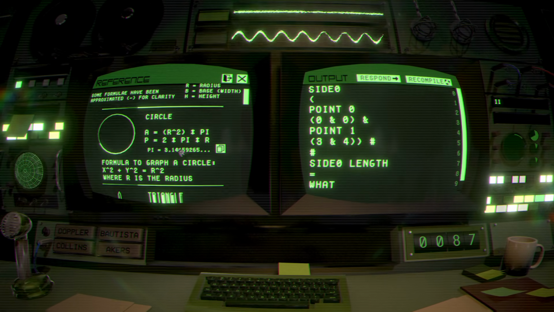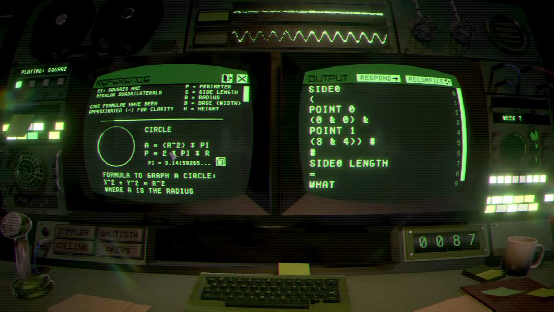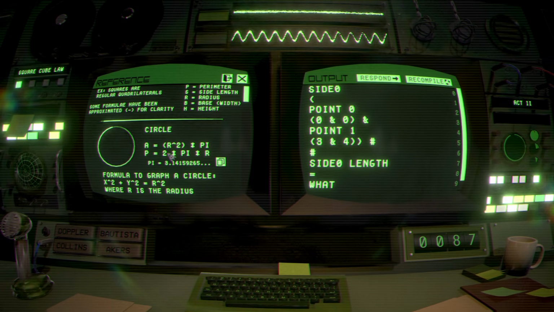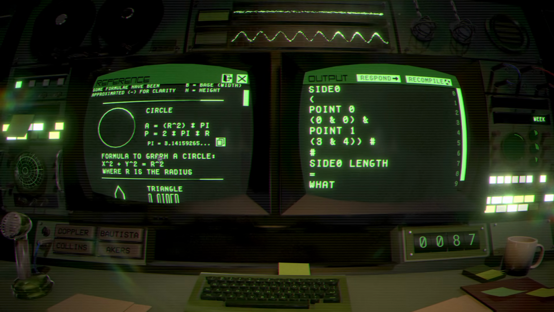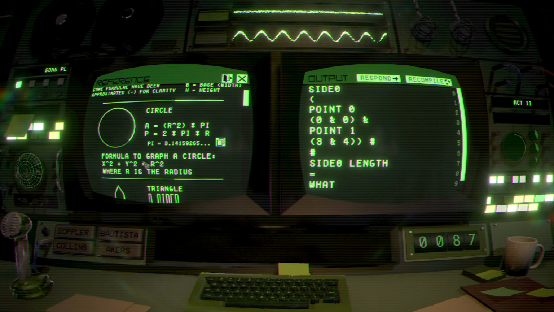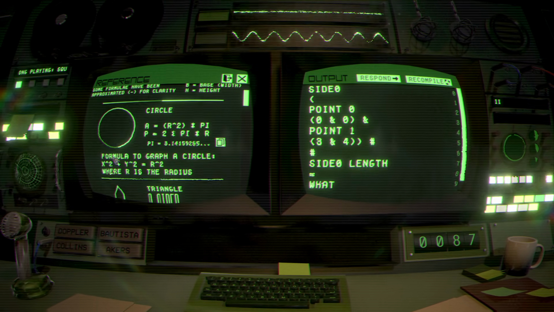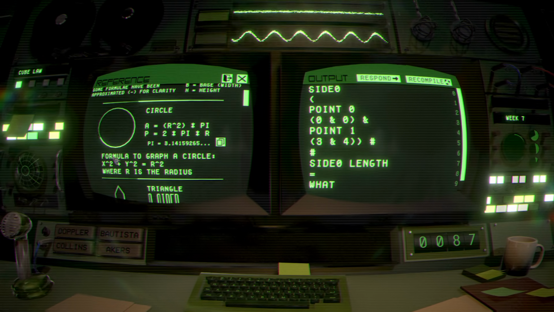Q times pi times x squared plus r is the rate.